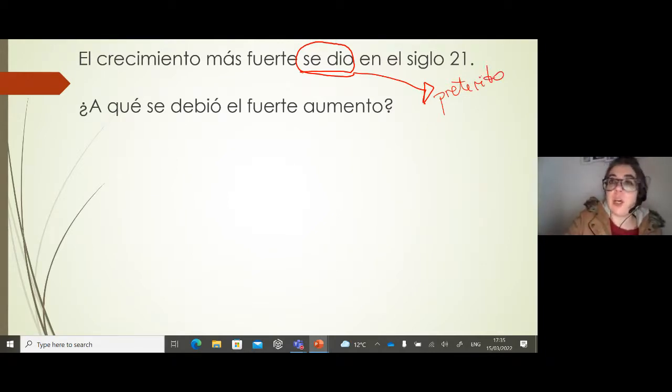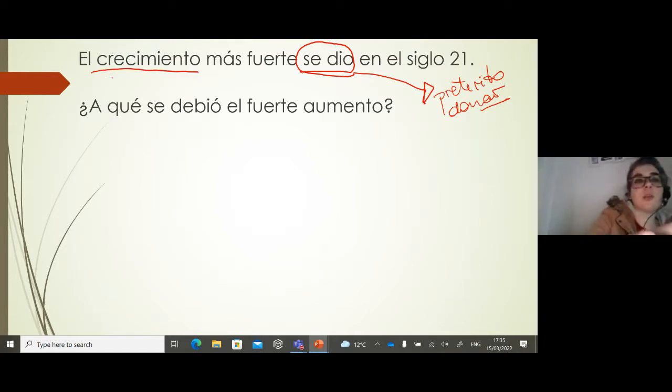Of the verb, which verb? Dar. Do you know what this means? What about crecimiento? If you don't know crecimiento, do you know what crecer means? Have you ever heard of the word crecer?